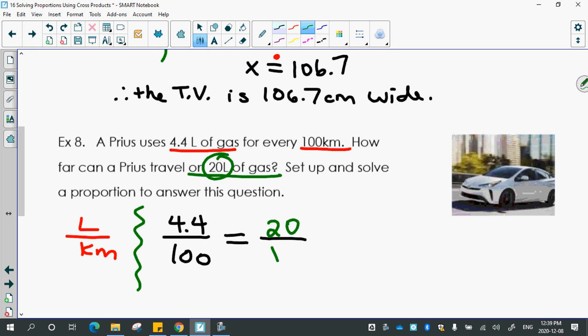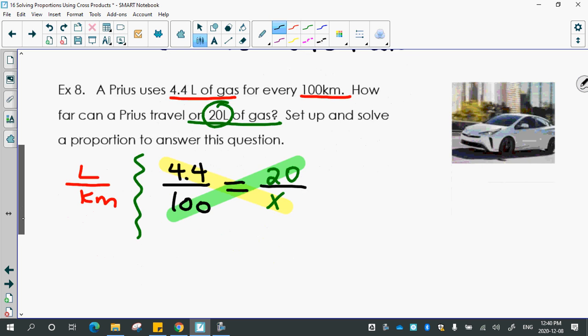And I have to find how far a kilometer is. So again, order matters. If I wrote x over 20, I would get the wrong answer. That's why writing the little liters over kilometers helps you make sure the tops represent liters, the bottoms represent kilometers. Then once you've got that, that's the hardest part for a word problem, because we know that solving the cross product is easier than a lot of the equations we learned to solve.